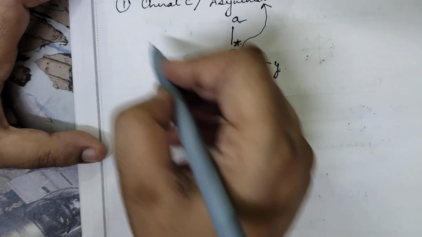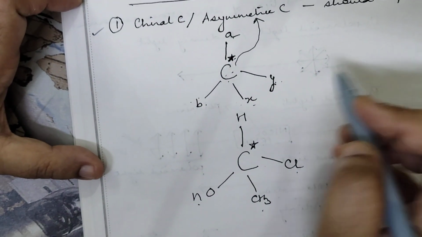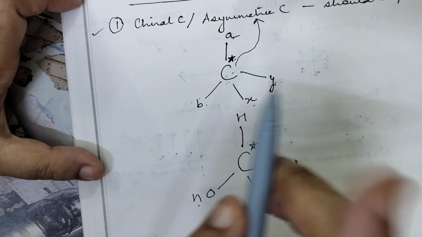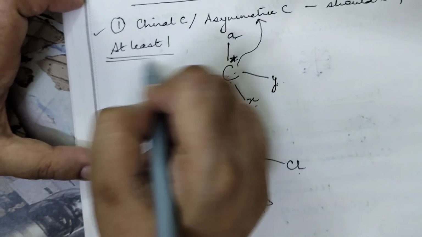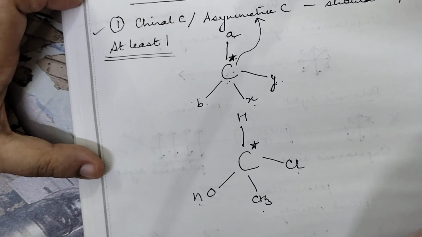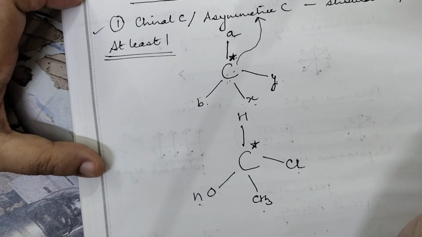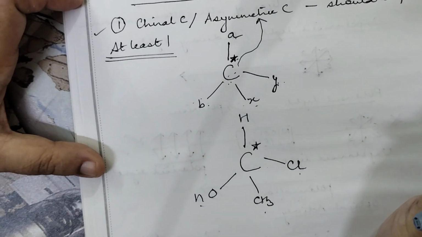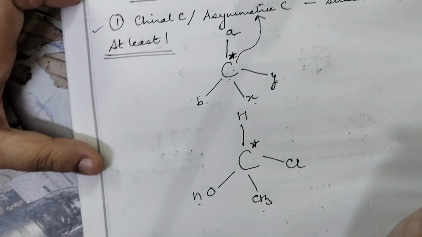So this is the very first condition to exhibit optical isomerism, that the carbon should be chiral. At least one chiral carbon should be present. At least one; you can have more than one also. So at least one carbon should be there which is attached to 4 different groups.